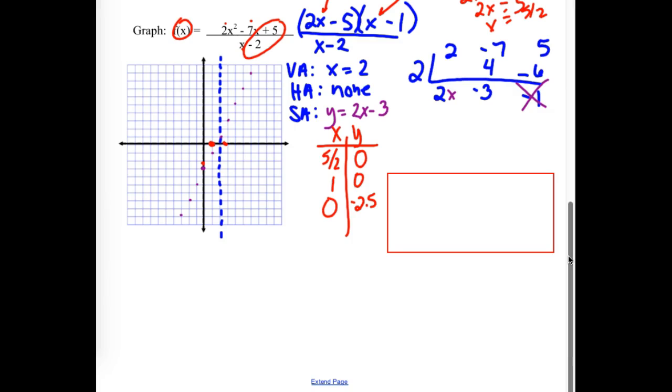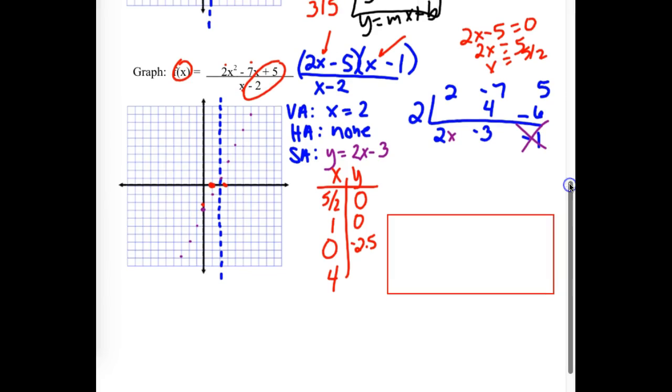Let's do 4. What do we get if we put a 4 in there? I usually use the factored version. All right, so if I put 4's in here, 2 times 4 is 8, minus 5 is 3. 4 minus 1 is 3. And on the bottom, 4 minus 2 is 2. So I end up with 9 halves, or 4.5.